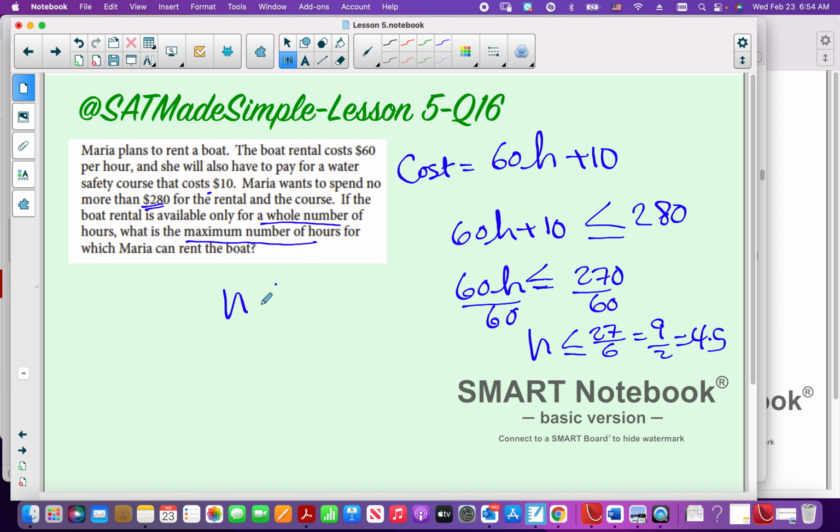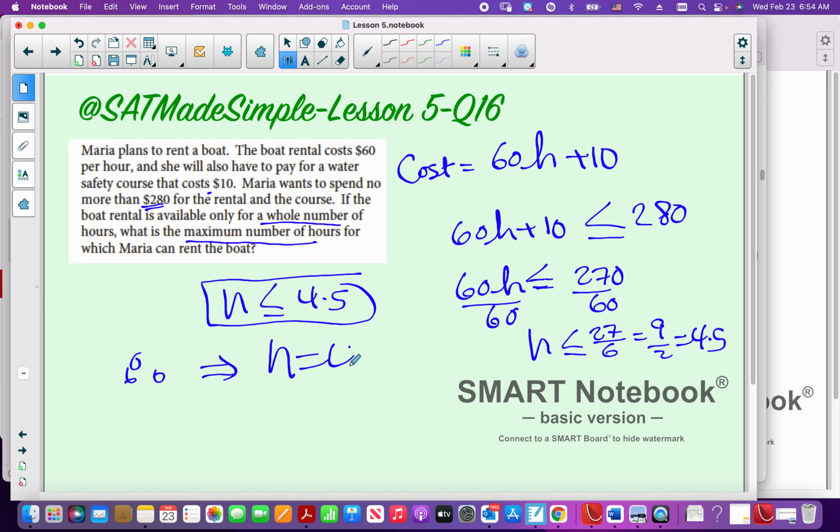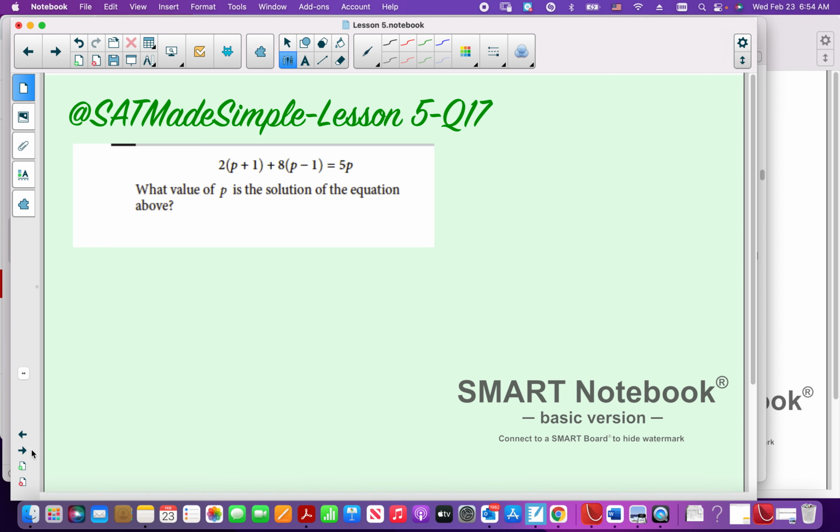So h is less than or equal to 4.5. Since h is an integer, my final answer is that h must be 4 hours. So the correct answer is h equal to 4 hours.